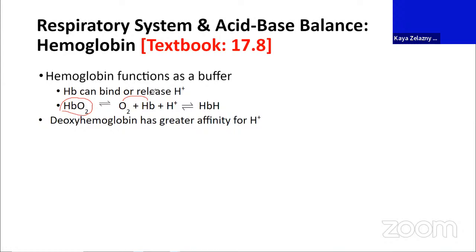So when you have deoxyhemoglobin, you can tack on a hydrogen ion and bind it onto your hemoglobin pretty readily. So we can adjust how much oxygen is bound to hemoglobin if we want hemoglobin to soak up hydrogen ions. That's part of why we have that interplay between pH and the affinity of hemoglobin for oxygen.